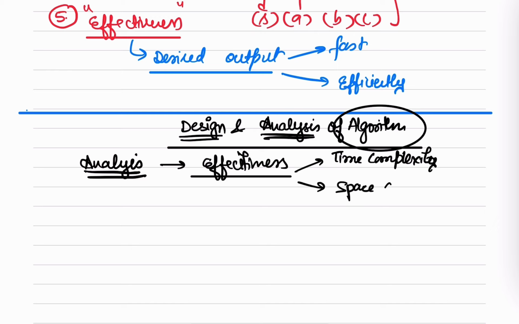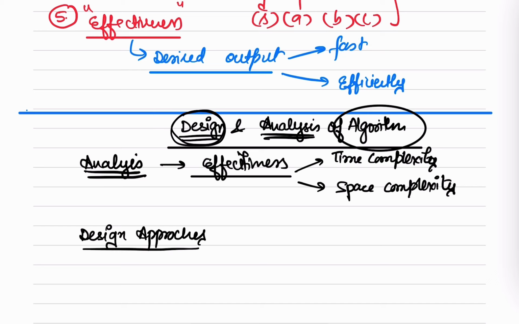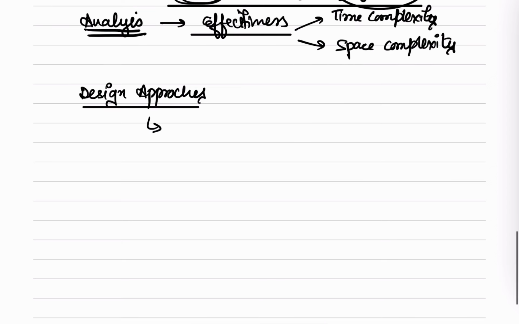So analysis means you are going to analyze how the algorithms work, in which fashion they work, and in which kind of design approaches they work. And design means what kind of design approaches they are using, like how they are designed. There are some standard design approaches, so let me tell you a few of them.